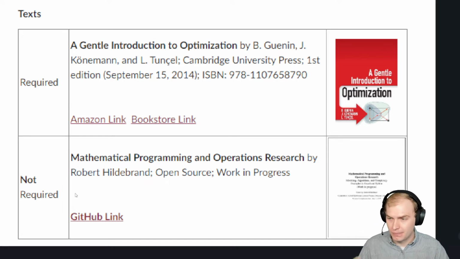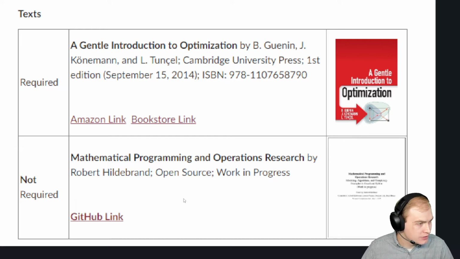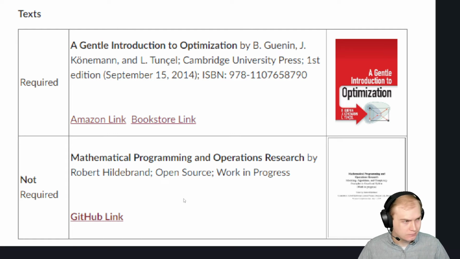Moving on, I have a few more books that I want to recommend that are not required. This one, there's a GitHub link to an open source book that my advisor wrote. Is there an online version, if that's okay with me? There are ebook versions. I believe Amazon has one, Google eBooks has one, and I found one on Kobo.